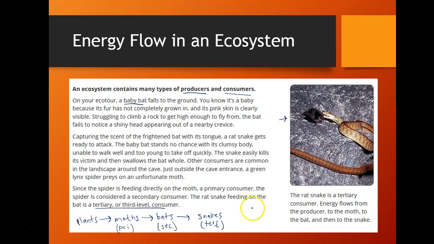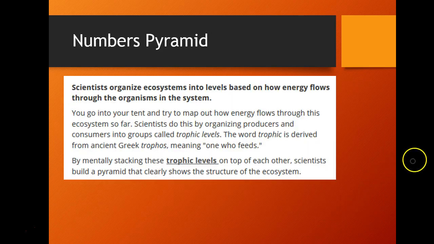Okay, so there are many different levels, and within those levels, there are many different organisms that occupy the role of producer, primary, secondary, and tertiary consumer. So scientists organize ecosystems into levels called trophic levels based on how energy flows through the organisms in the system.